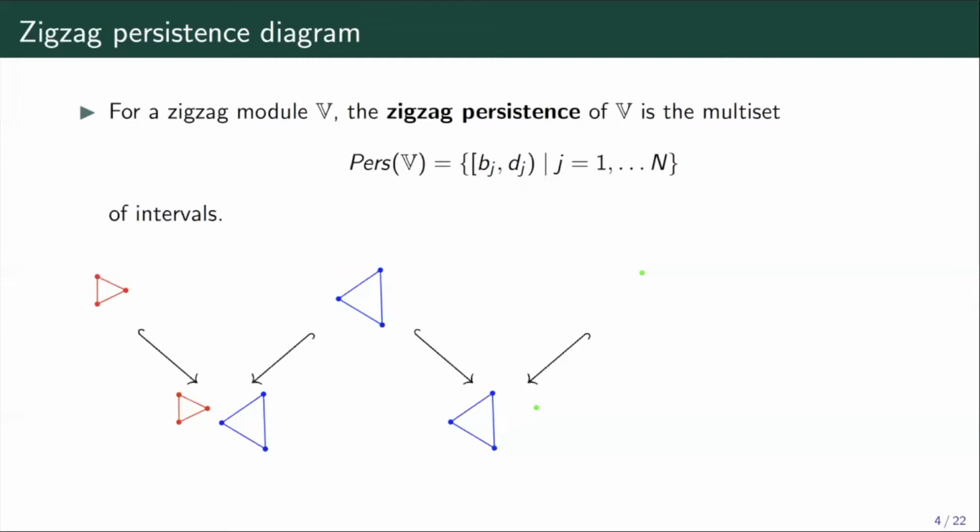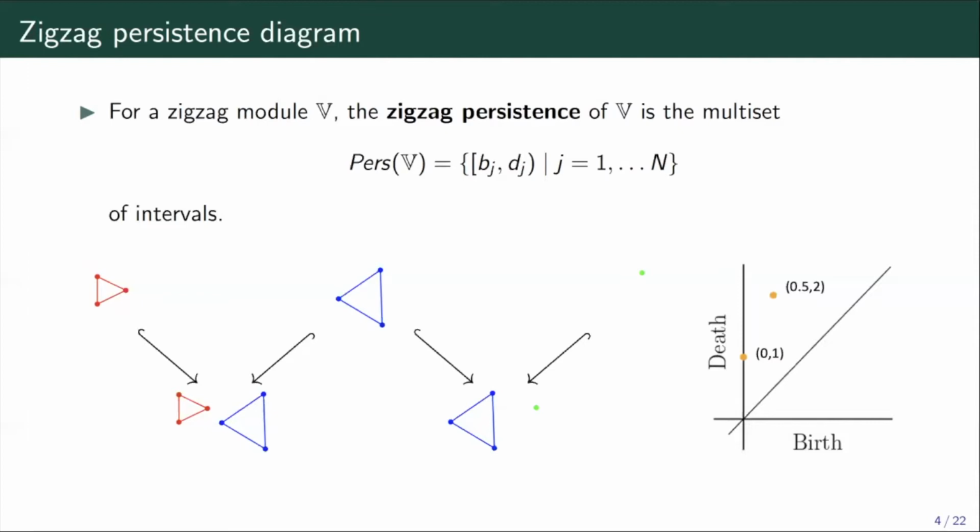Looking at the zigzag persistence diagram, we're going to have a point (0, 1), and that's going to correspond to this red feature that appears at the beginning in the 0th simplicial complex, but it dies going into the first one. Whereas the blue circle is going to have coordinates (0.5, 2).